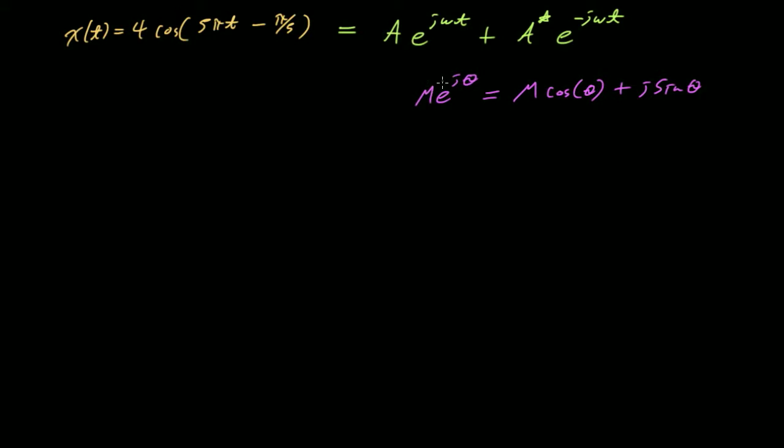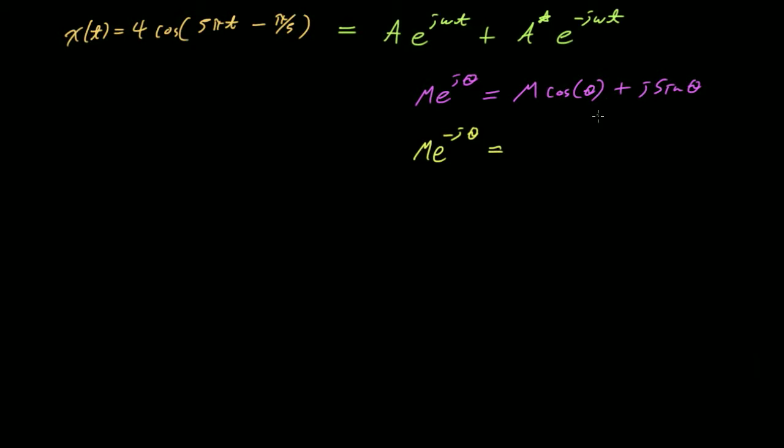If I take the complex conjugate of this side, I get m e to the minus j theta. Keep in mind, all I'm doing is multiplying that theta by a negative sign. That gives me my complex conjugate. Now I want to take the complex conjugate of the right-hand side as well.